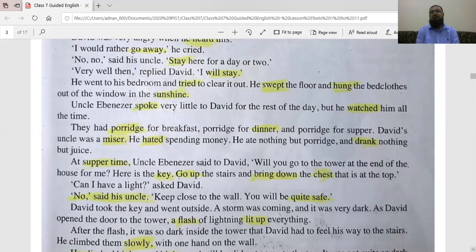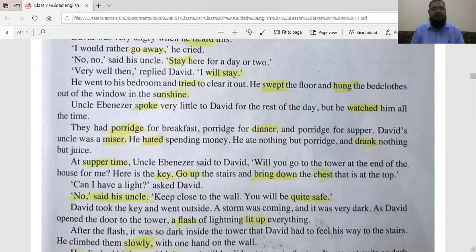Supper is the time between lunch and dinner. So eating the same meal three times seems boring. David's uncle was a miser. Miser means one who doesn't love to spend money. He hated spending money. He ate nothing but porridge and drank nothing but juice.